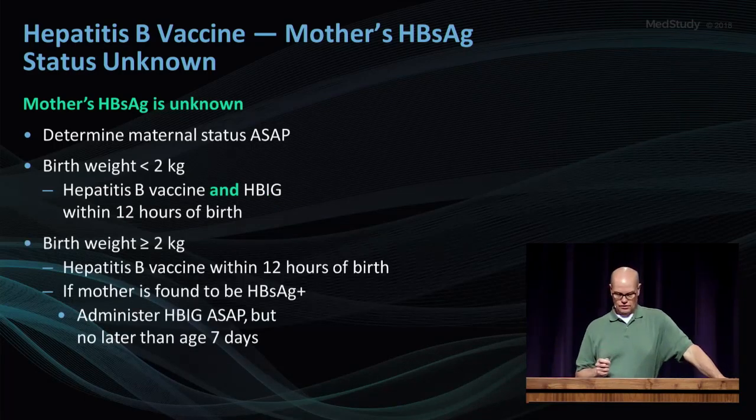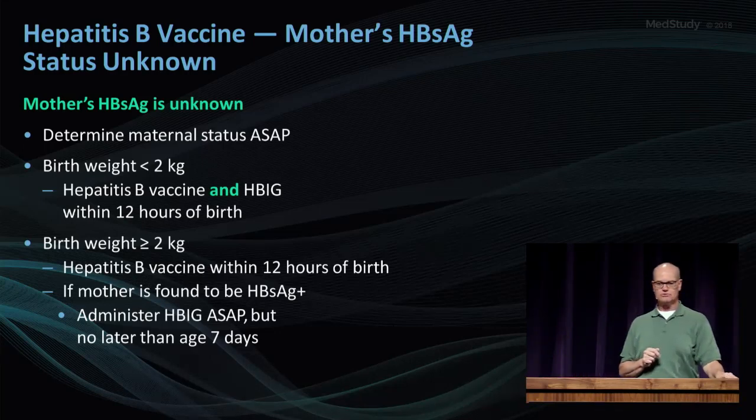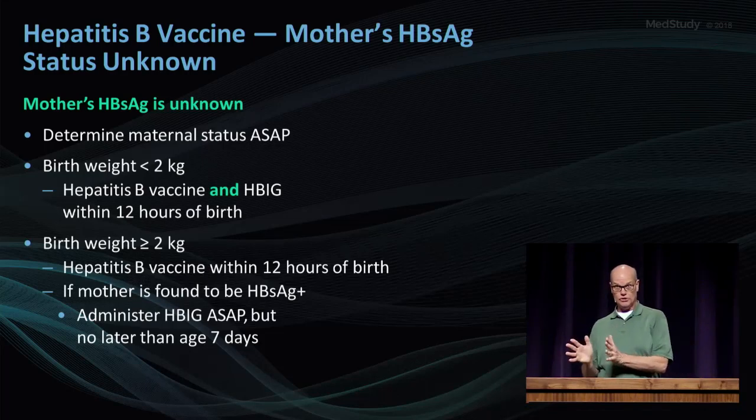If they're over 2 kgs, then HBIG is not immediately indicated until the surface antigen status is known. So again, that 2 kg difference is important if mom's surface antigen status is unknown, just like it is if it's known.